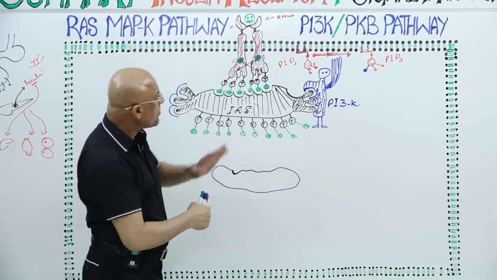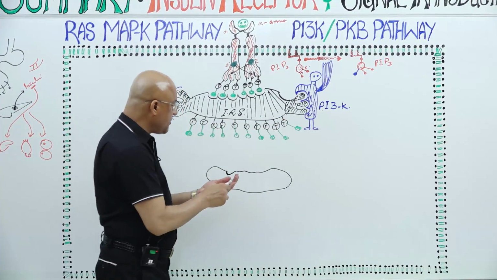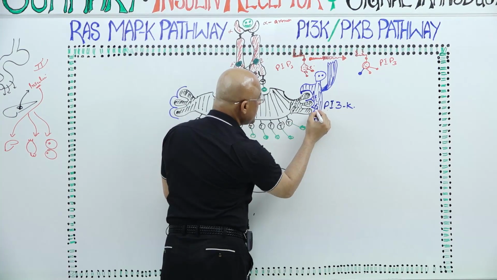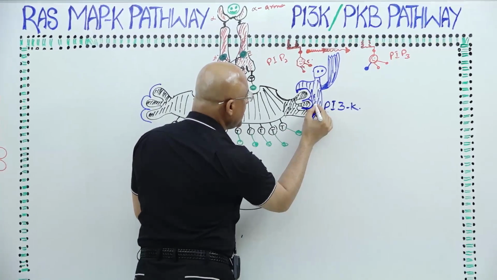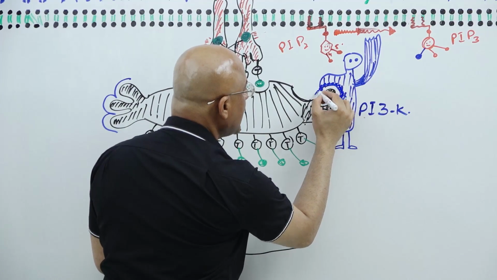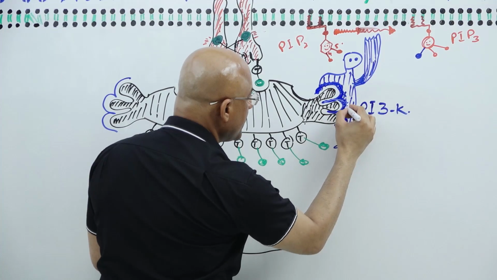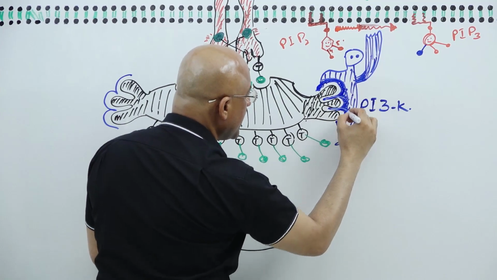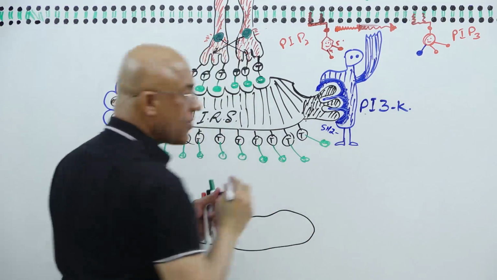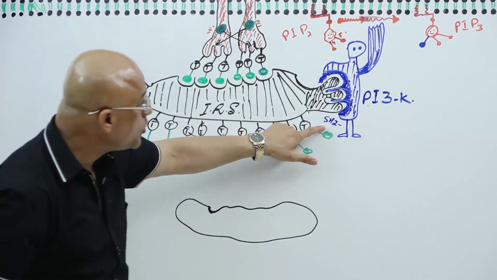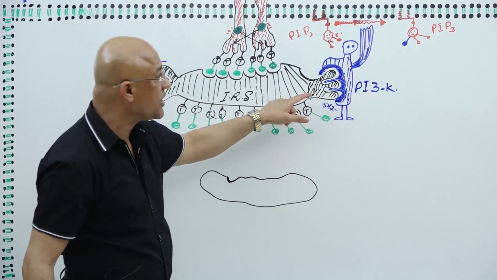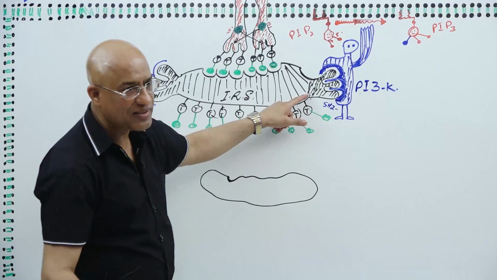No. So this component of PI3K which interacts with phosphorylated IRS is called the SH2 domain of PI3K, which binds with the phosphorylated IRS.